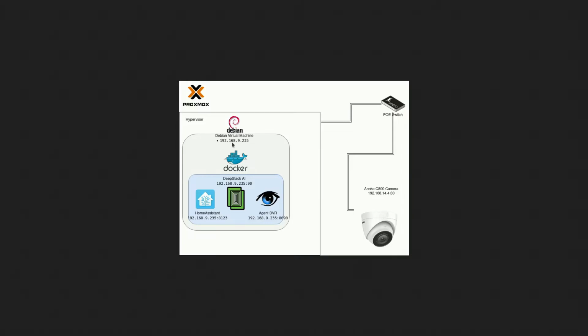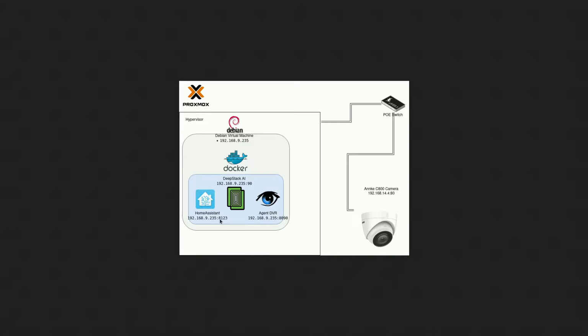I've given it the IP of 192.168.9.235, and that's the main IP all the applications will use to talk to each other, and we'll install everything in one virtual machine. But you can easily install everything in an isolated container, each with their own IP. But for the sake of ease and for this guide, we'll install everything on one virtual machine.